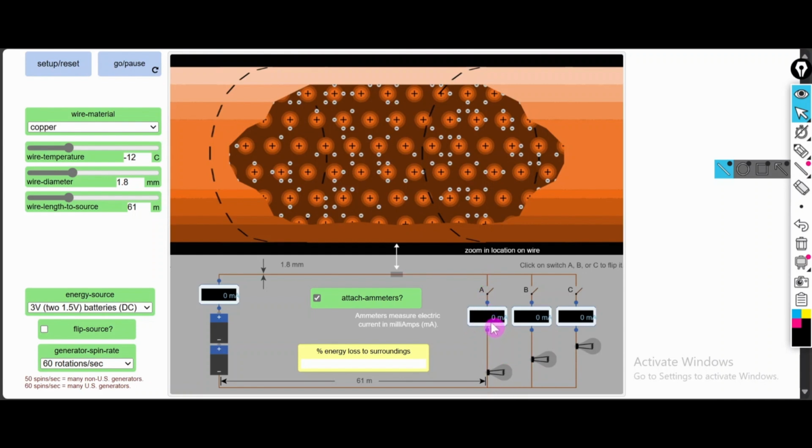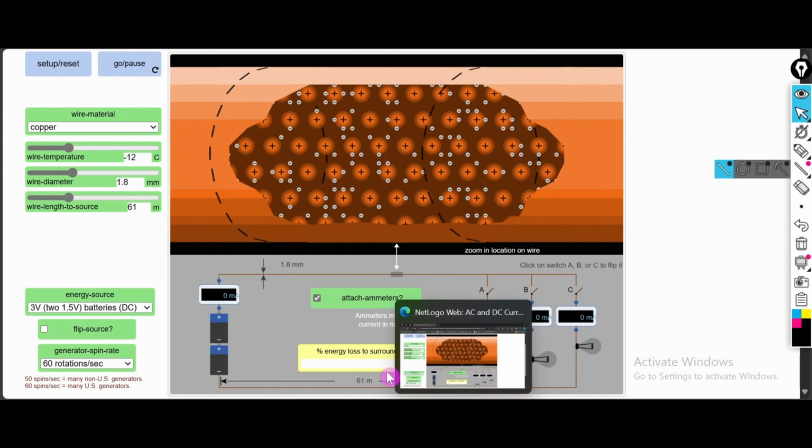This is again an ammeter, and this is the switch. Here are three parallel resistors in the form of bulbs, and this represents the length of the wire. Here by default it is 61 meters. A 61 meter long wire is connected to the first resistor.